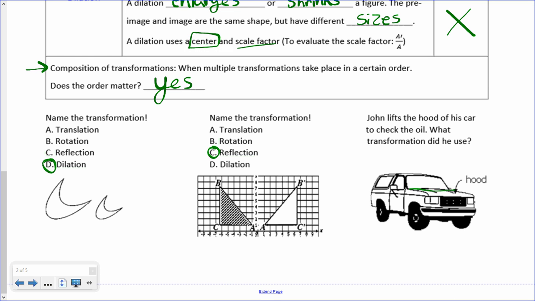So the edge of the hood is being reflected using that hinge as a reference for where you're reflecting it over. If you were to rotate the hood, you'd have to literally pull it off and then twist it, because when you rotate things, it has to be about a point, not a line. You'd have to yank the hood off and then twist it around.